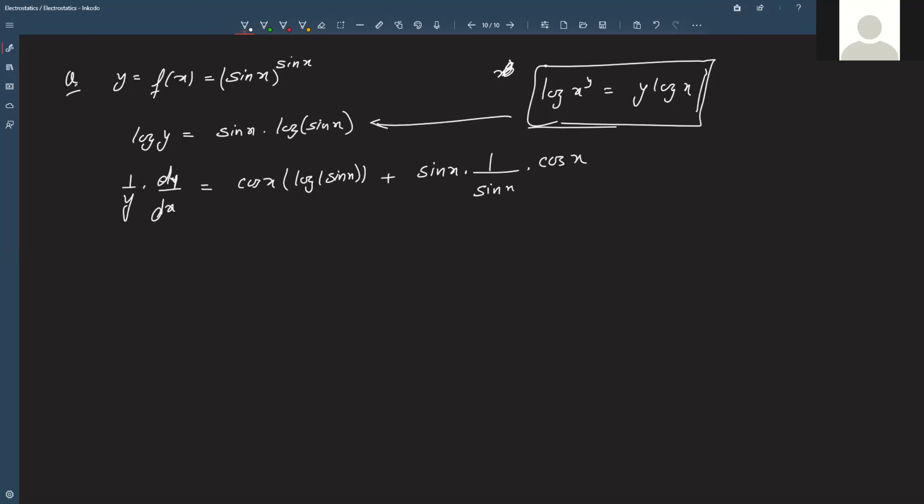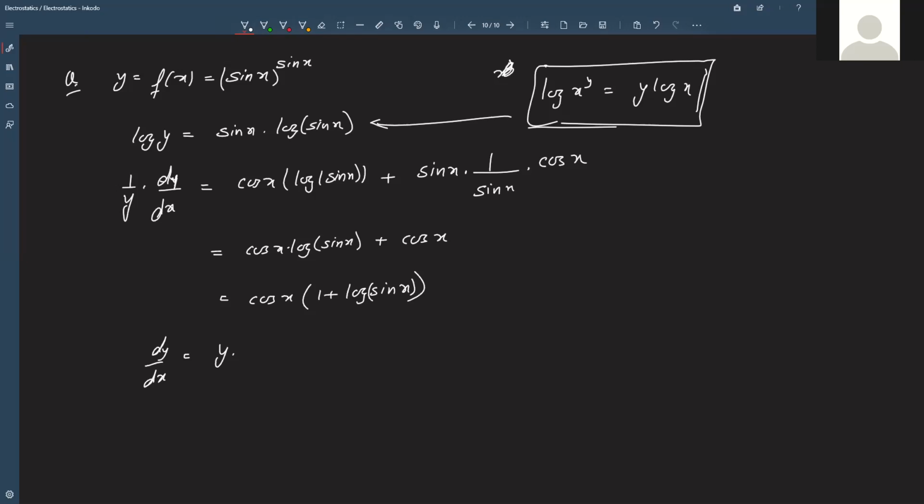So this is 1 by y dy by dx is equal to cos x into log of sin x plus cos x. Or if I take this cos x common, it becomes cos x into 1 plus log of sin x. So that is 1 by y dy by dx. So we have to find just dy by dx. So that will be y into this. And what is y?